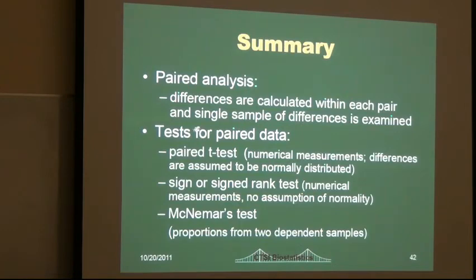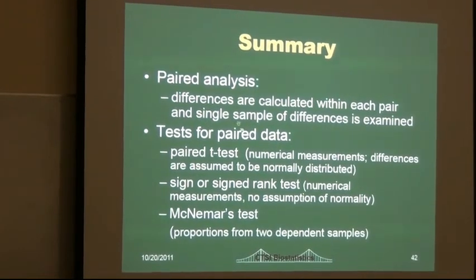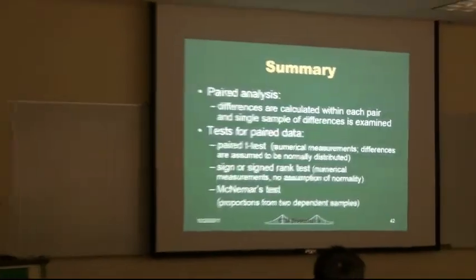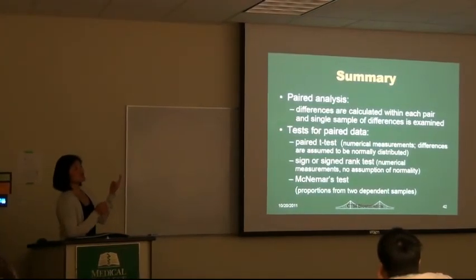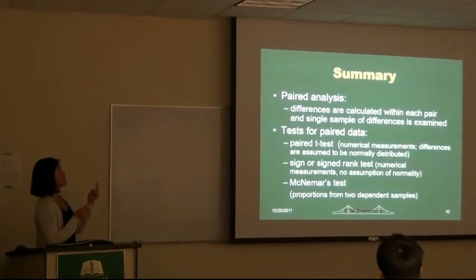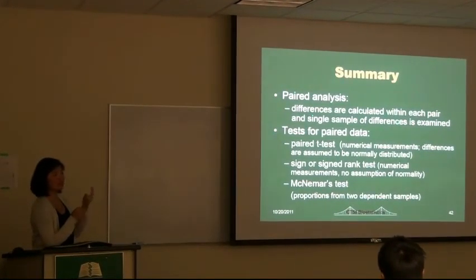So in summary, in most paired analyses, even though you have two samples, because of their dependence, you look at the differences between each pair. So you end up with only one difference for each pair, and you use a one-sample test instead of two-sample independent tests as before.